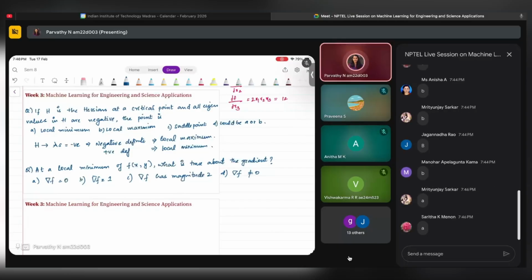So at a local minimum, what is true about the gradient? Whether it is 0, or it is 1, or it has magnitude 2, or it is not equal to 0.